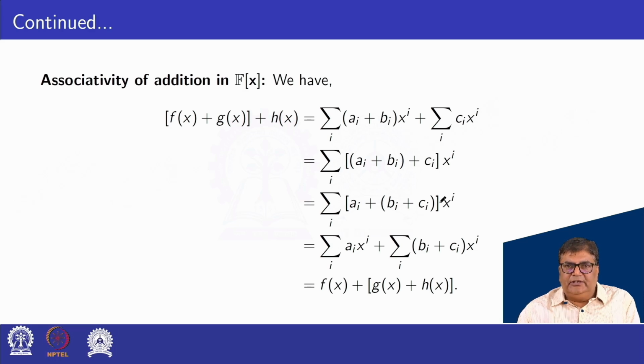Hence this expression can be written as the summation of a_i x^i plus the summation over i of (b_i + c_i) x^i. These expressions can be written as f(x) + (g(x) + h(x)) respectively. Hence (f(x) + g(x)) + h(x) equals f(x) + (g(x) + h(x)). That is, associativity of addition in F[x] holds.